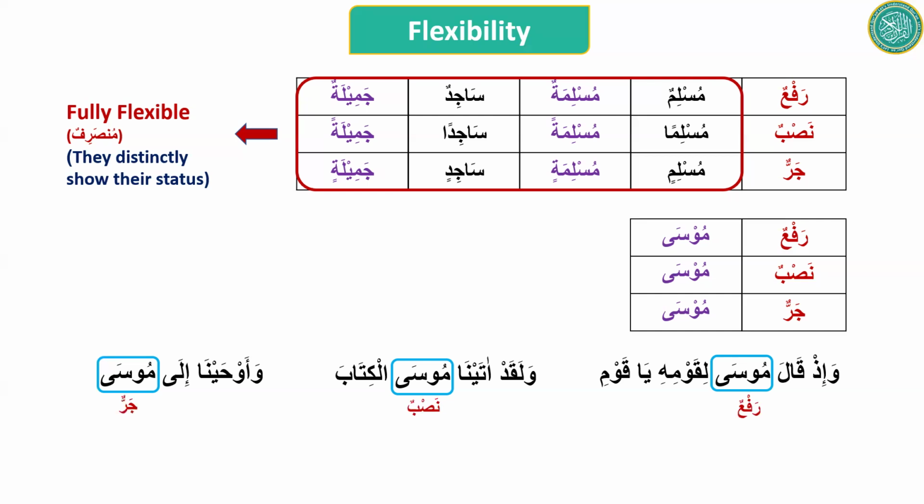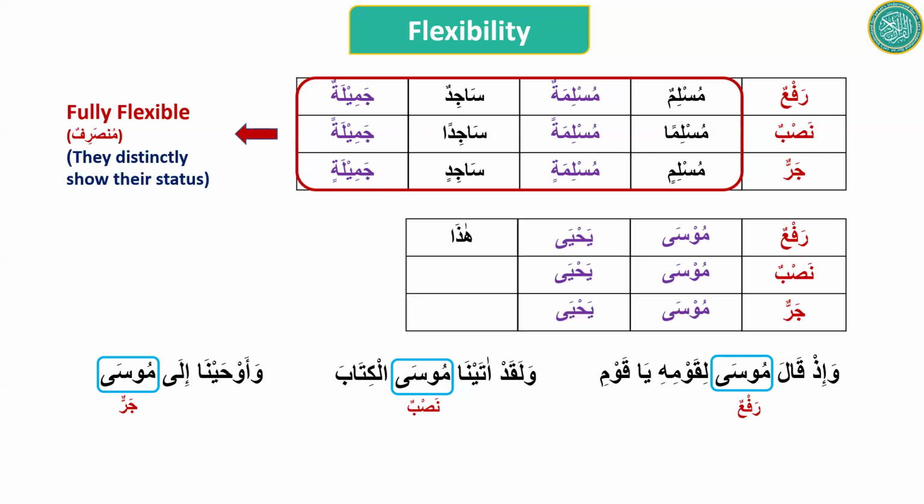So the words which do not show the status, like Musa, like Yahya, like Haza. Haza is one of the Asmaul Ishara. Haza, Hazihi, Haulai. Haza is always Haza, like Musa. It is not Hazu, Haza, Hazi.